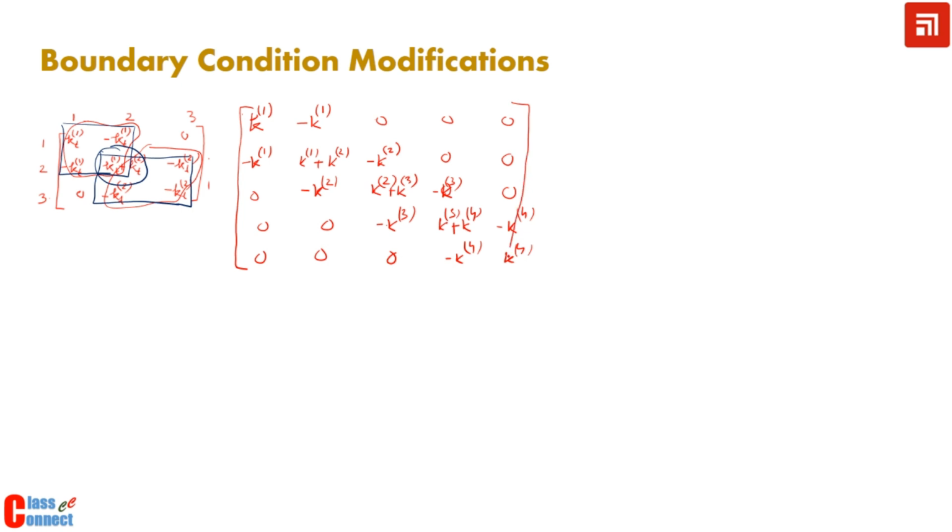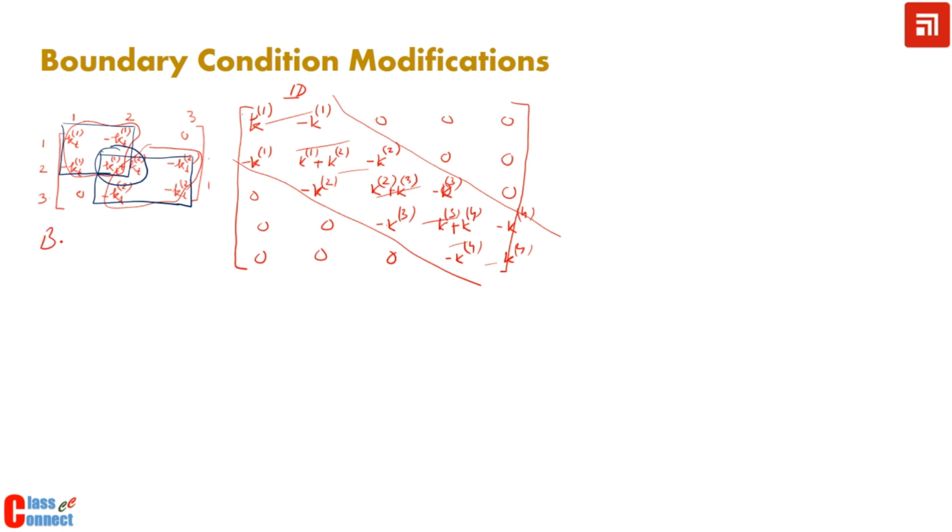So this is basically the generalized stiffness matrix for a 1D bar element. We can observe a few things in this: this is a banded form of matrix. Only this much band is populated with some terms, and also it is symmetrical.